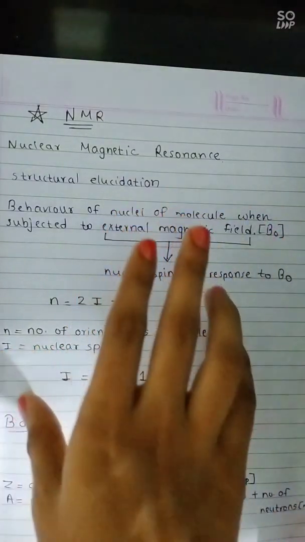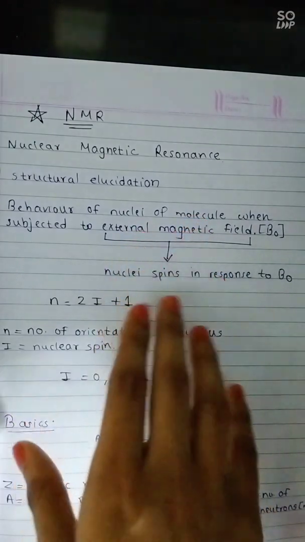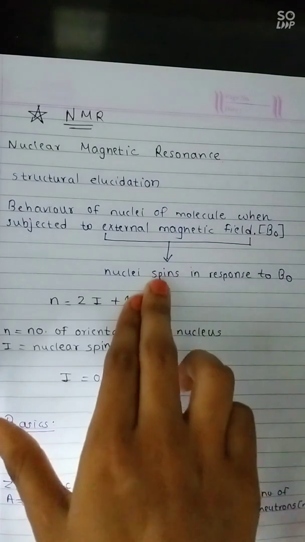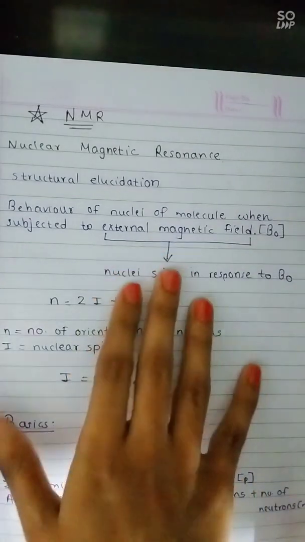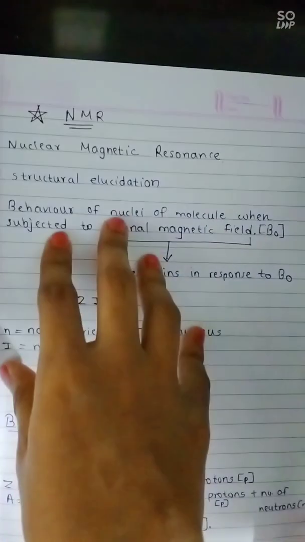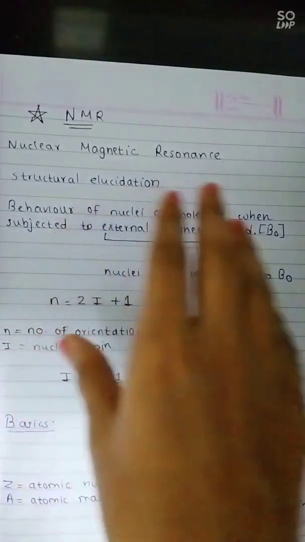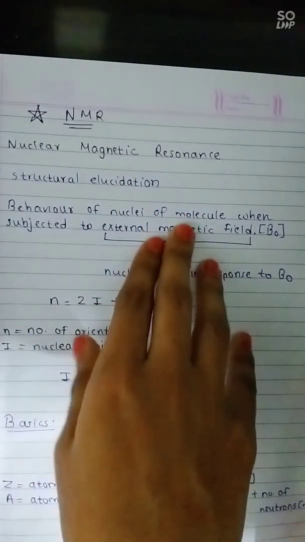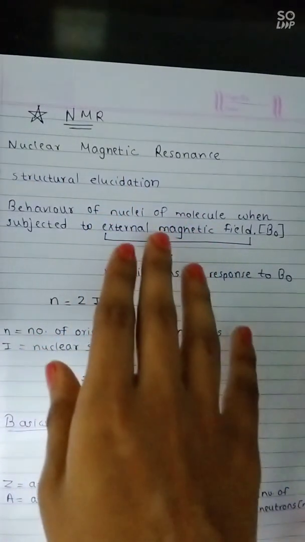When it spins, it will have angular momentum. So when we have to determine the behavior of the nuclei in response to an external magnetic field, NMR will be helpful, and by that we can determine its structure.